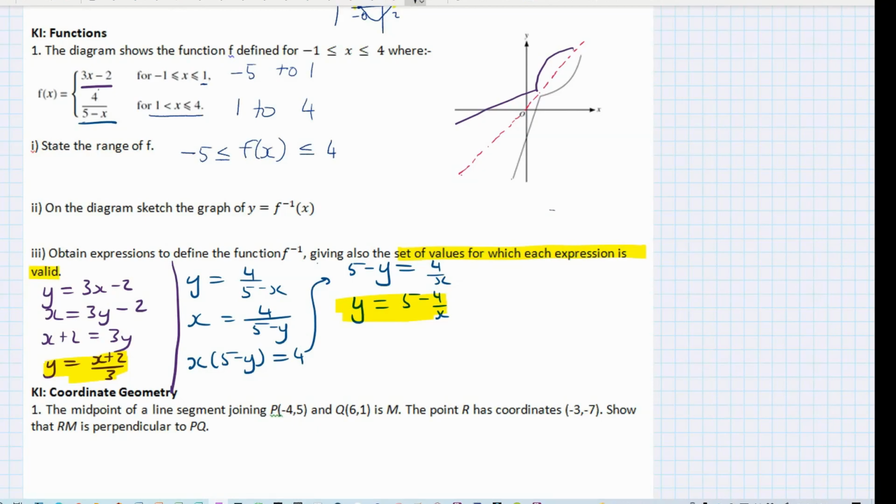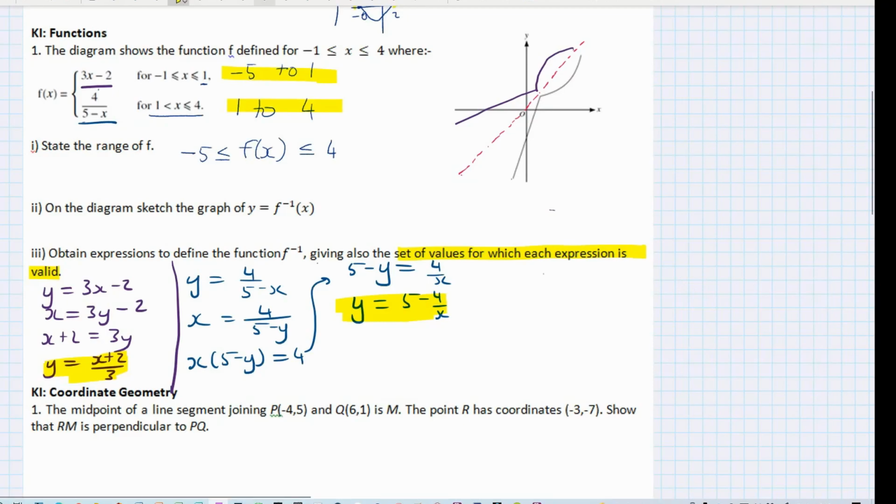Now remember, the domain of the inverse function is equal to the range of the function. So all we need to do for each part is give the ranges that I've already worked out up here. That was quite handy really.